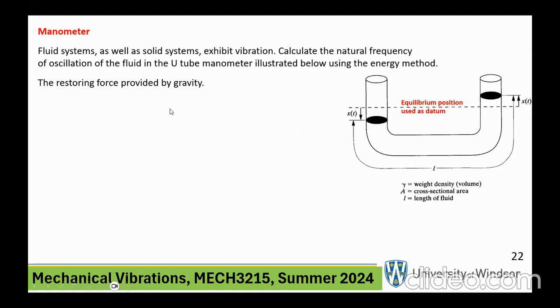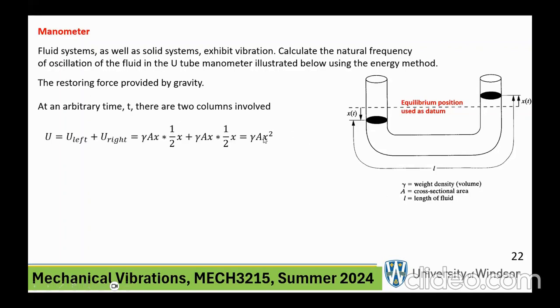Okay, the restoring force again is gravity. So what we have to do is notice that at any time t, there are two columns of water which have gained potential energy because of the motion. There is this column, area times x, which gives you the volume, multiplied by gamma, which gives you your weight, basically your mgh.